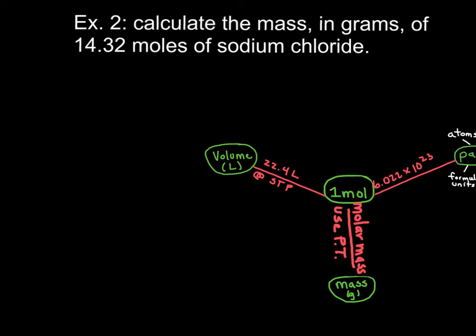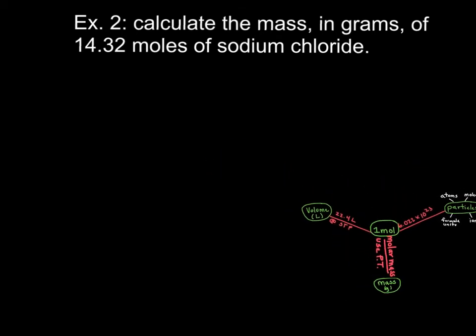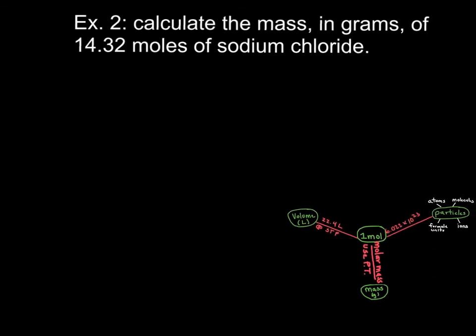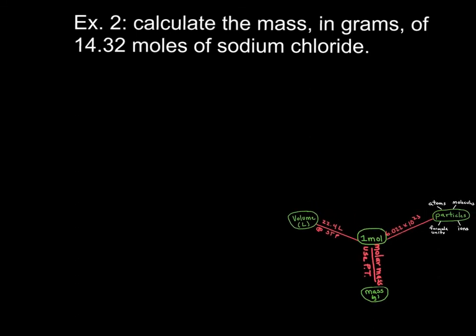So let's take a look at how we do that. If we need molar mass, that means that we need to add up all of the atoms' average atomic masses off the periodic table, which means we need the formula for sodium chloride. It's a good thing that we know how to write formulas, because we know that sodium chloride is NaCl.